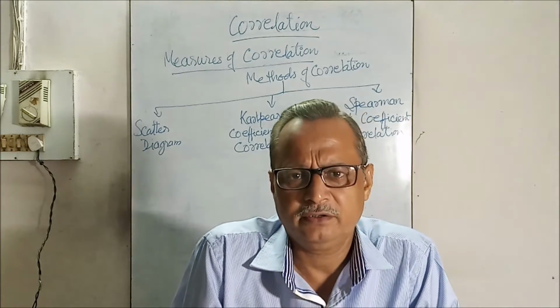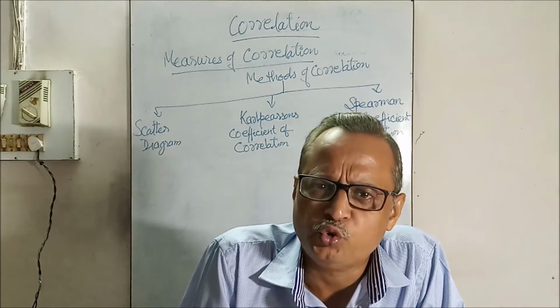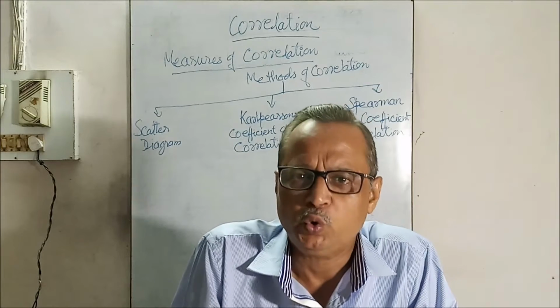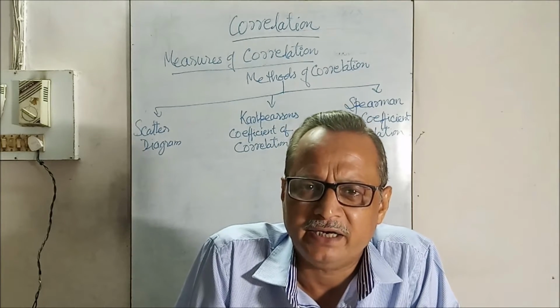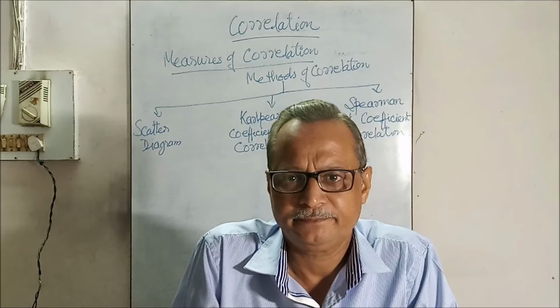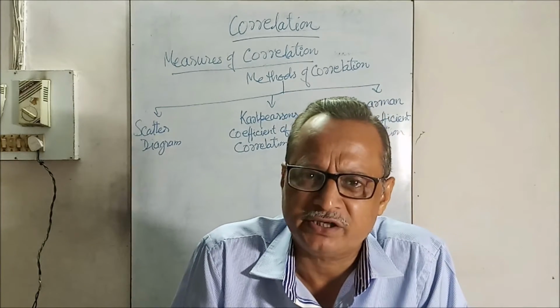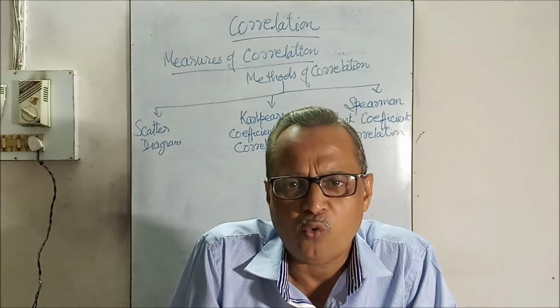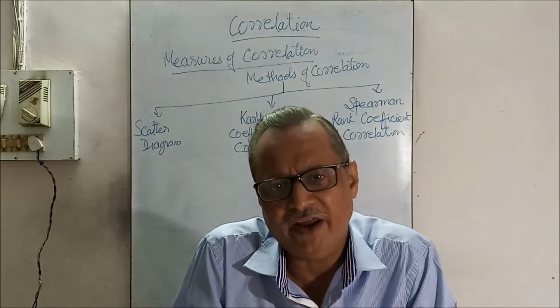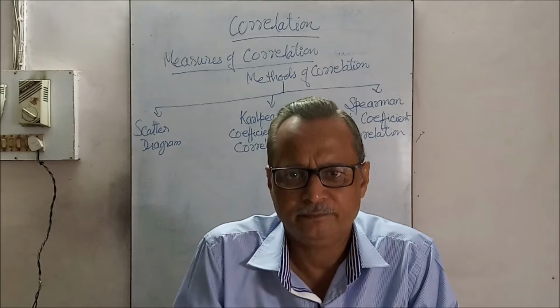In correlation, we study two different variables which are dependent on each other. If changes take place in one variable, how does it affect the change in the value of the other variable?